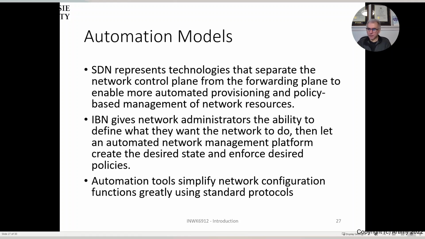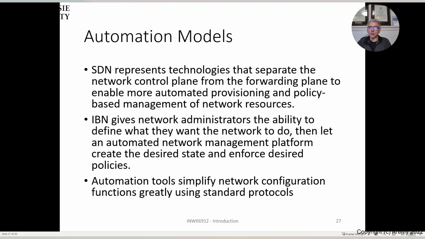So, for example, the administrator says, I want to build a VLAN between point A and point B, and give it a certain access policy and certain quality of service, etc., etc.